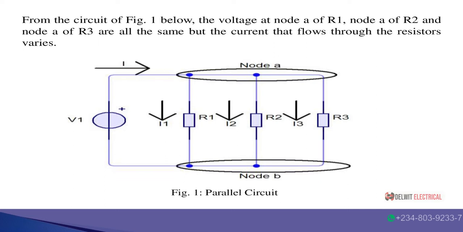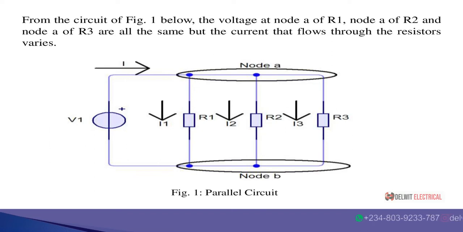That means from the circuit diagram we have on our screen, we see that the PD across R1 at node A is the same as the PD across R2 at node A, which is the same as the PD across R3.